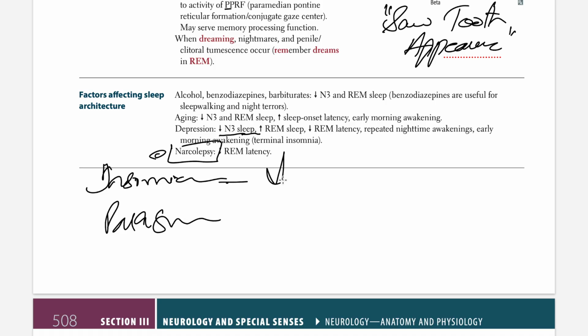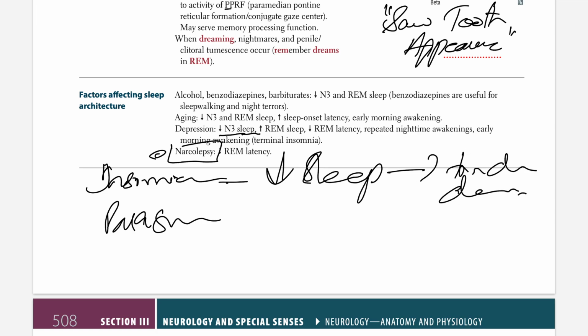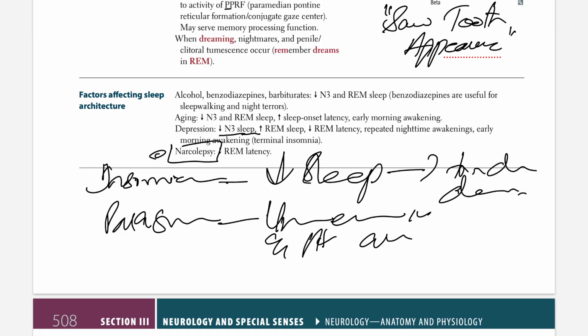Insomnia is just decreased sleep, which leads to you being tired during the day. Parasomnia is undesirable events that occur in sleep, and the patient can't recall any arousal activities.